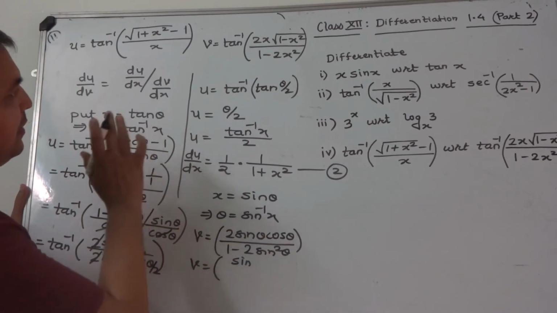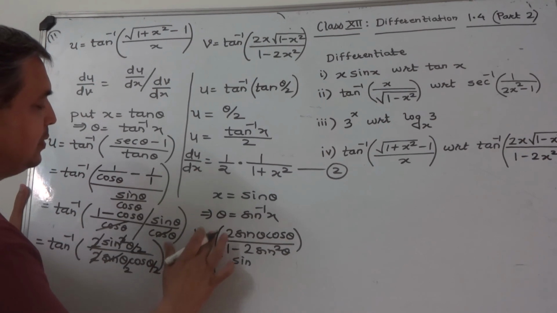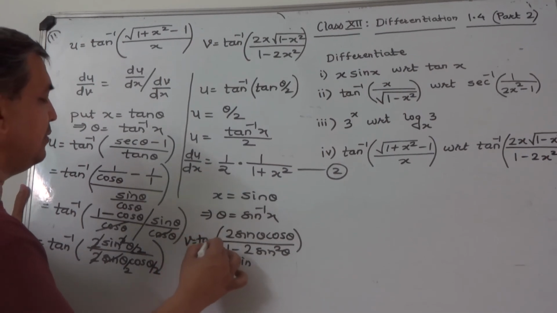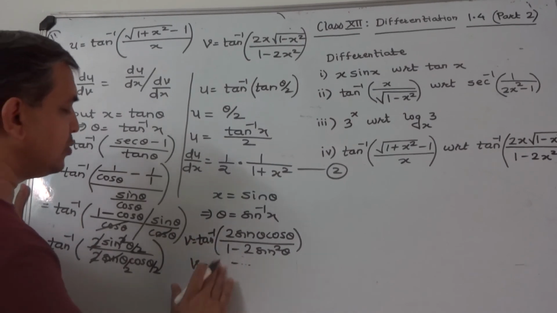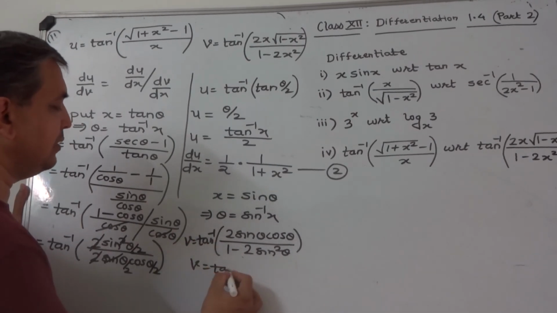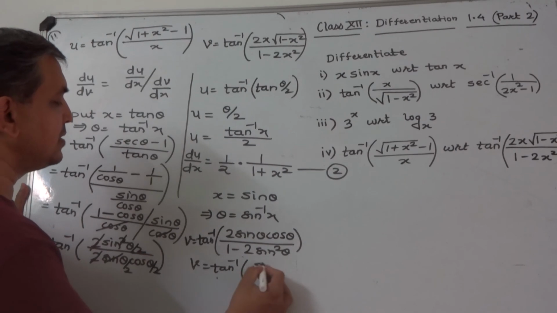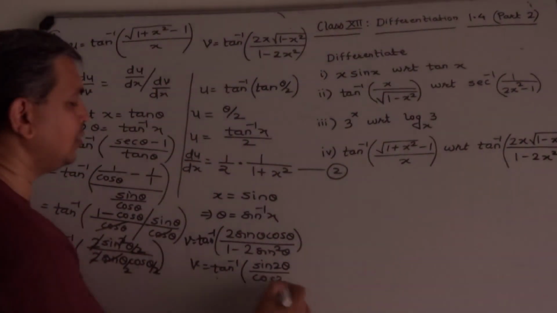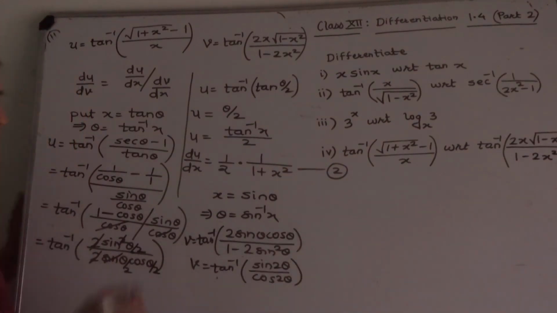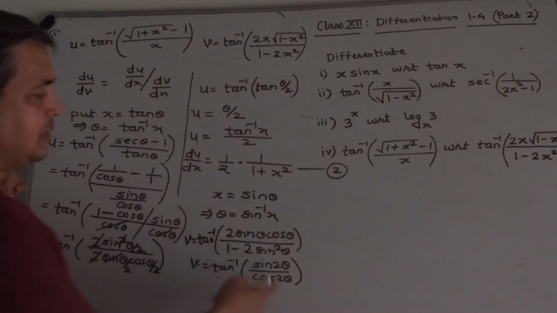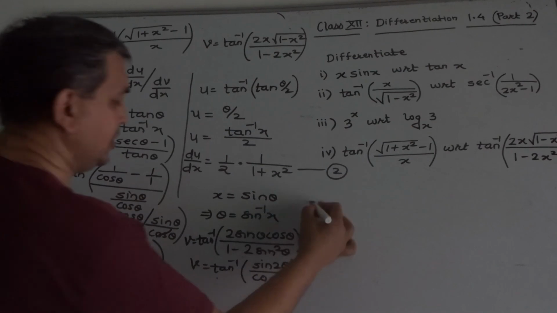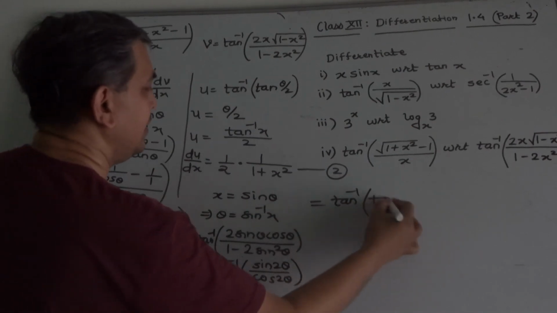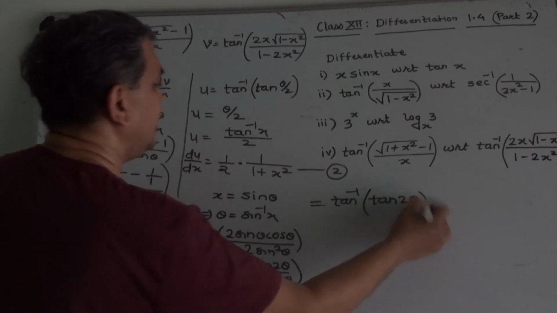I think I have left out tan inverse. So v equal to, we have tan inverse of this term, and so we can write v equal to tan inverse of sine 2 theta upon cos 2 theta. Now tan inverse of sine 2 theta upon cos 2 theta is tan inverse of tan 2 theta.